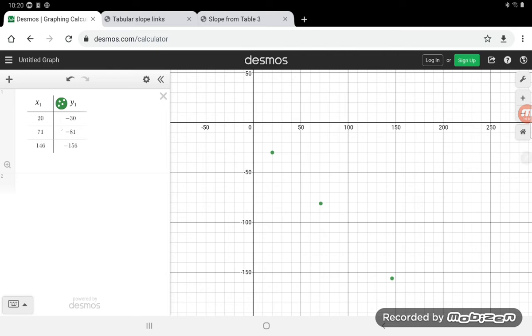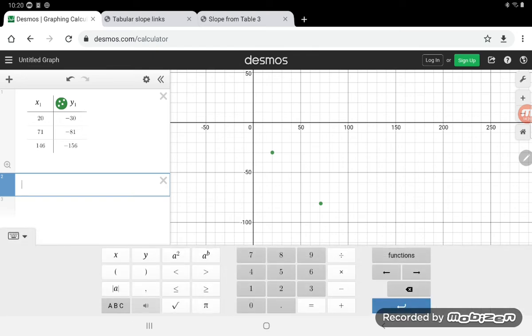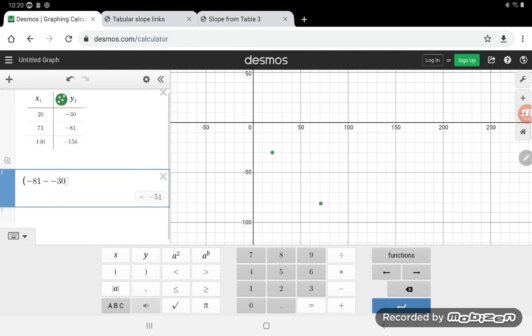So I could do my change in y. I'm going to put the parentheses around it. So I have the negative 81, and then I need to subtract, and remember it's a minus 30.